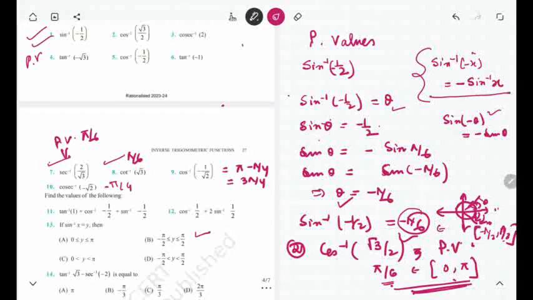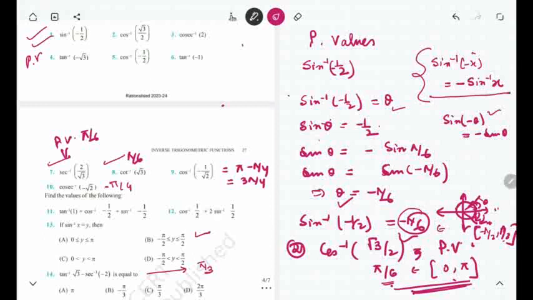Now question number 13, tan inverse root 3 and sec inverse minus 2. Let us solve this question here only. This gives you pi by 3 for the tan.